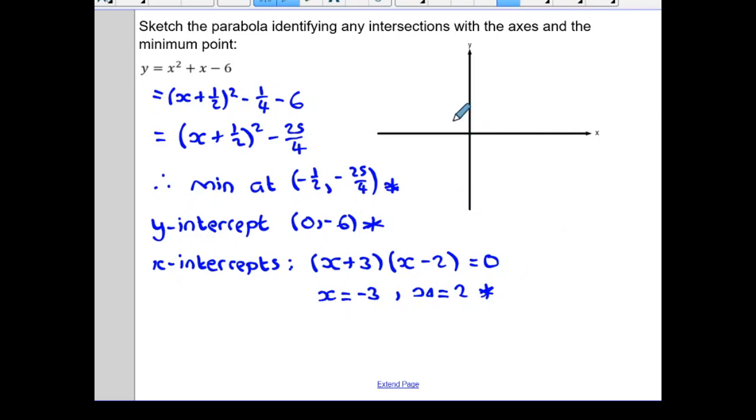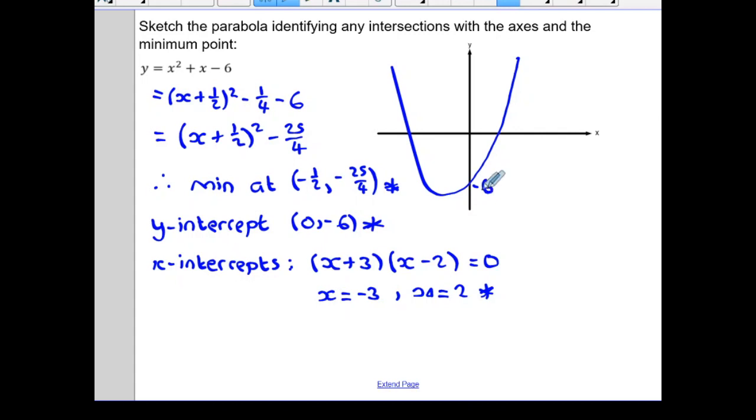So we know our minimum is at minus a half, minus 25/4, so somewhere down here. So that's where our minimum needs to be. It needs to go through the y-intercept of minus 6 somewhere down here, and the x-intercepts need to be minus 3 over here, and then 2 over here. So something like that would do.